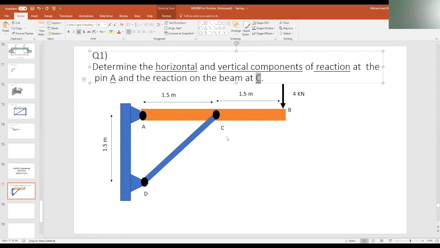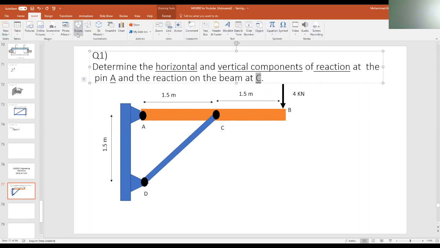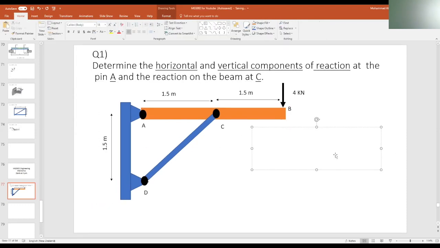Now, basically what we have learned in the past 5 weeks studying mechanics, we always start with what we call the free body diagram. So step 1 always is the free body diagram. Now, for the free body diagram, we always consider the area we are interested in studying.